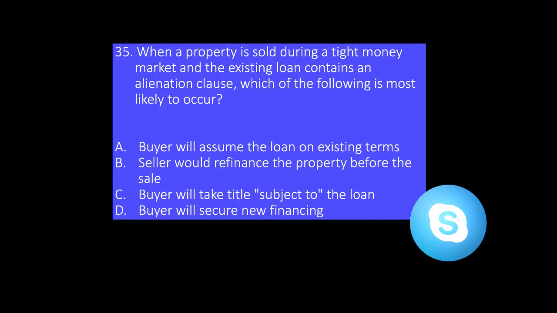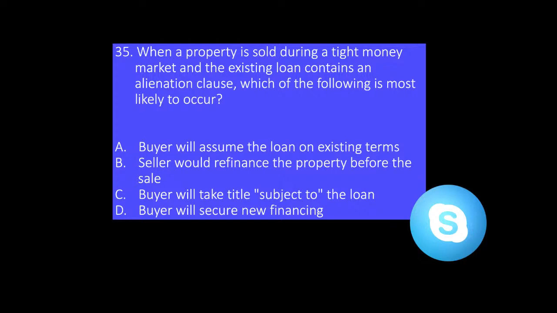And you cannot actually transfer the property and make the buyer take over the loan. So in a tight money market with an alienation clause, you look at all the answer choices, A, B, C, and D. A says the buyer will assume the loan on existing terms.